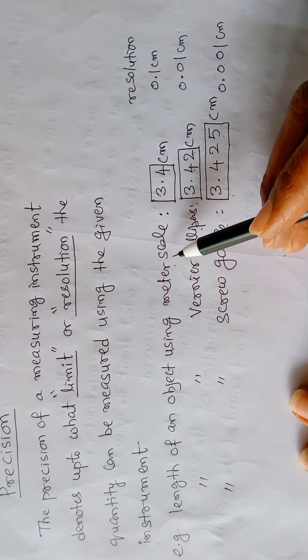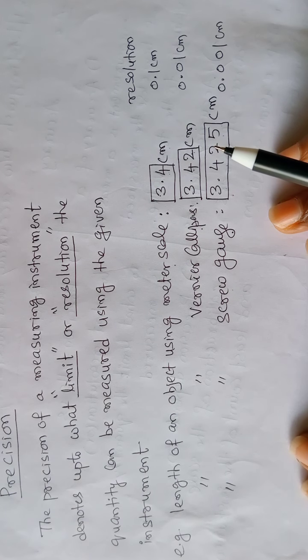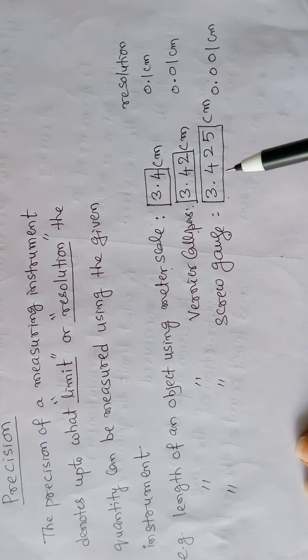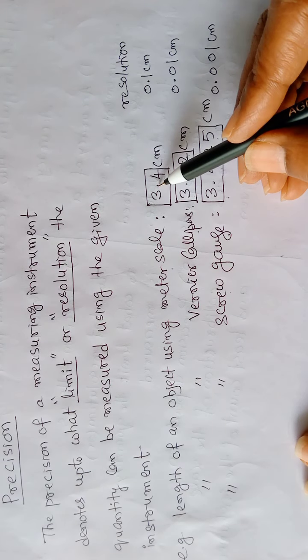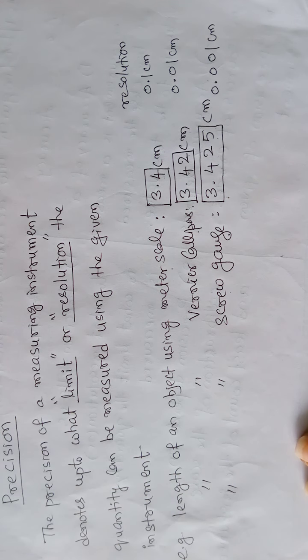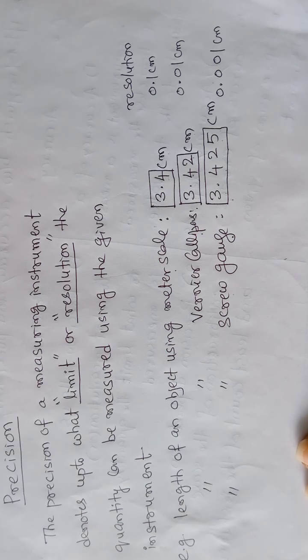See, if you are using meter scale, its least count is 0.1 centimeter. It cannot measure less than that. Therefore, the reading will be after a decimal point only, up to one place only it can measure. The meter scale can measure only up to 1 decimal place, because its least count is just 0.1 centimeter.